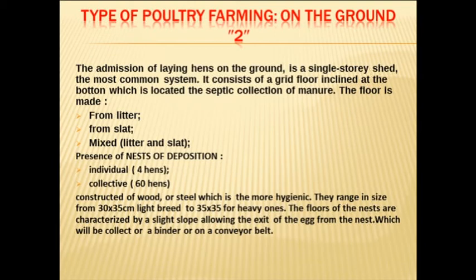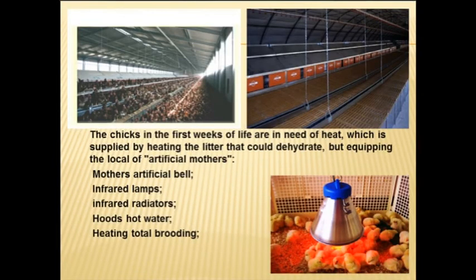Presence of laying nests: individual, for 4 hens, or collective, for 60 hens. The chickens in the first week of life are in need of feed, which is supplied by eating the litter that could dehydrate them, but keeping the premises with artificial mothers.